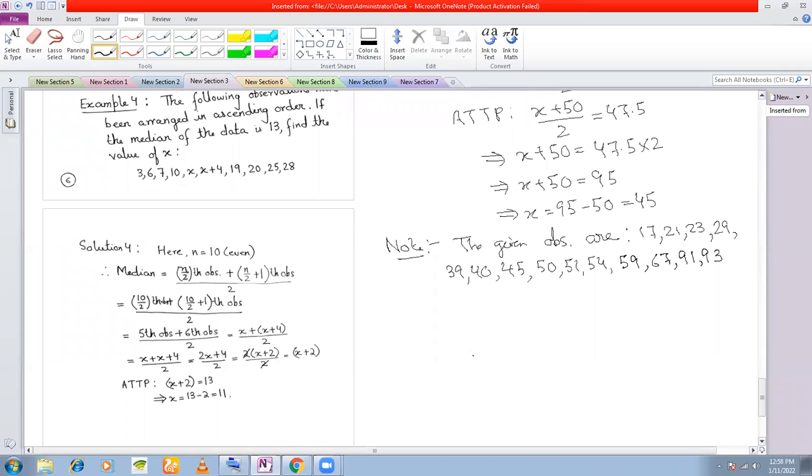Okay, now how do you find out the mean? Find out summation X. Summation X, add up all the values. 17 plus 21 plus 23 plus and so on, or add up all the values. Okay. So you'll get the addition.